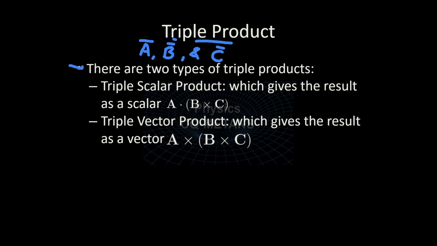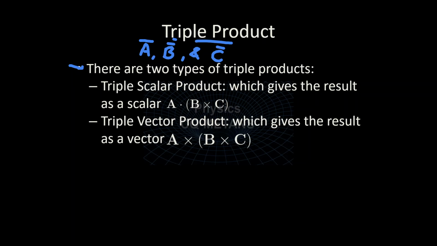Now if I have three vectors and I perform some operation on them, and if the result is a scalar, I will call that a triple scalar product. And if the result is a vector, then it is a triple vector product, just as we did in the dot and cross product. Dot product is what? The result is a scalar.